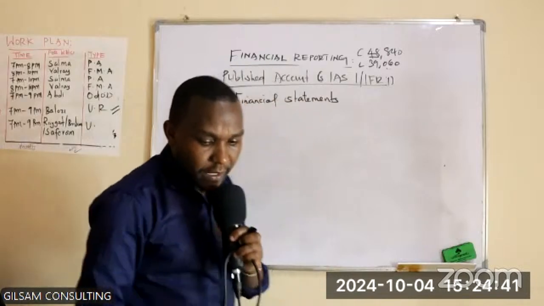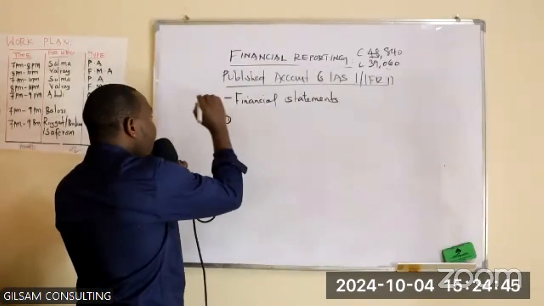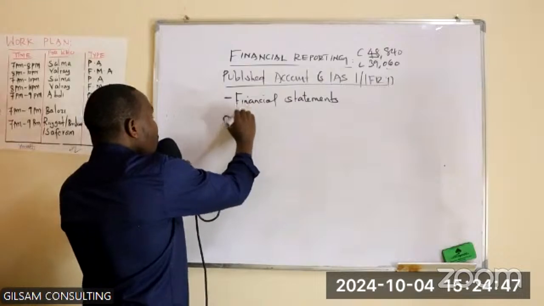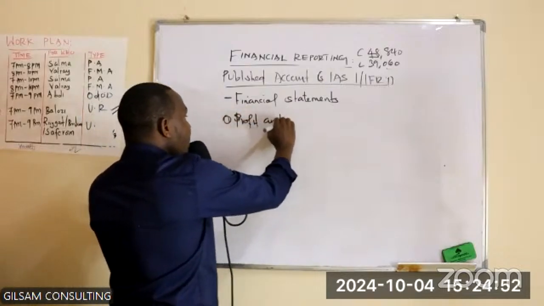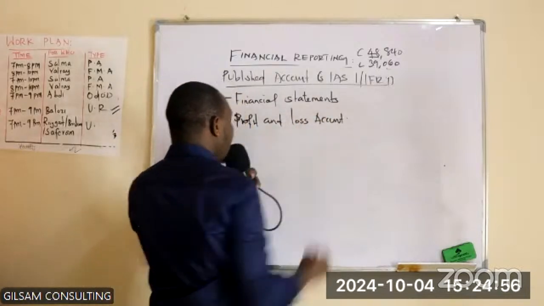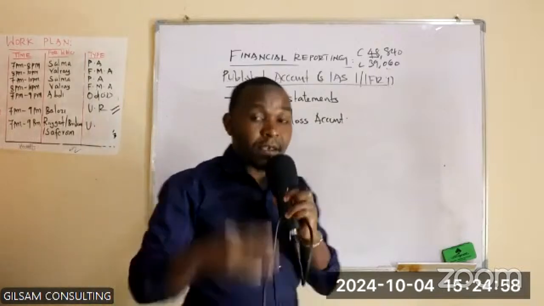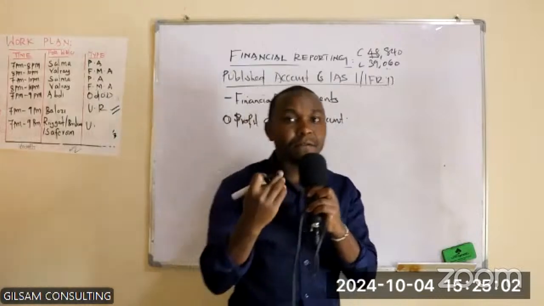My good learners, when you talk of the financial statements, you are talking of the key three financial statements. The first is the profit and loss account, which we all know. The purpose of preparing the profit and loss account is to evaluate the performance of the company.